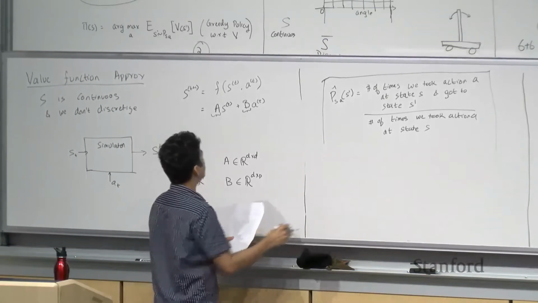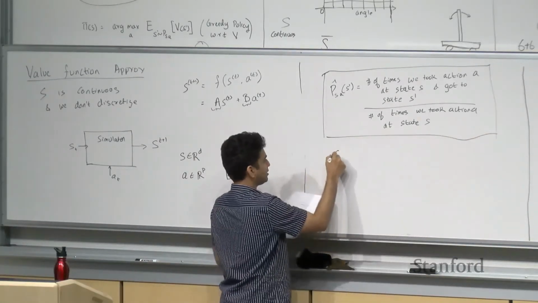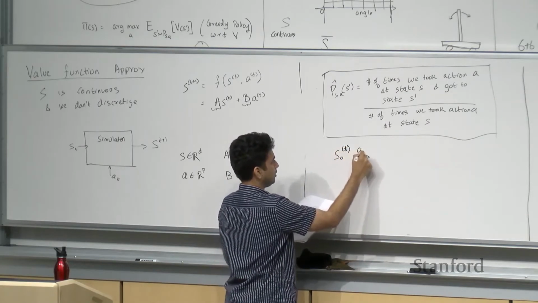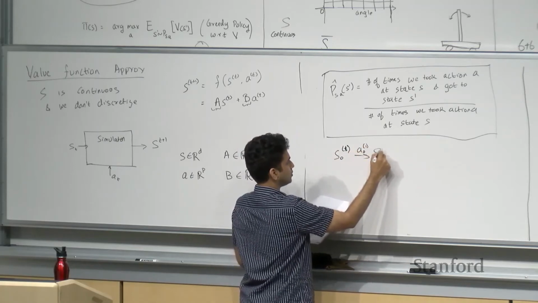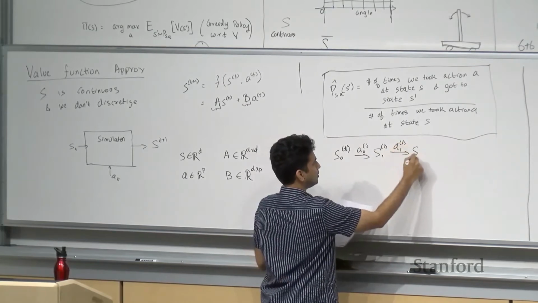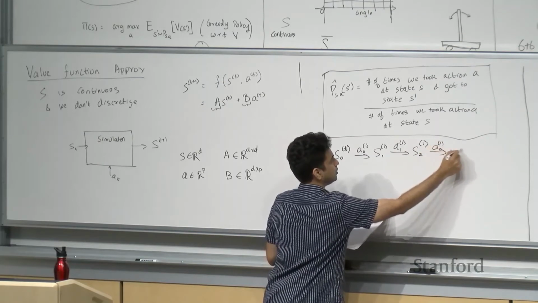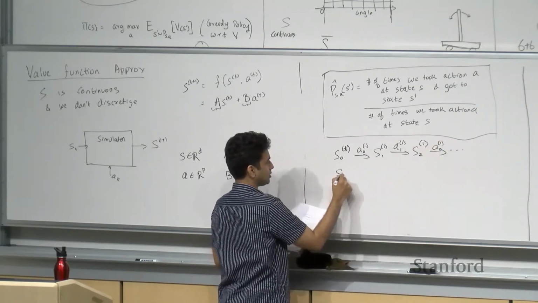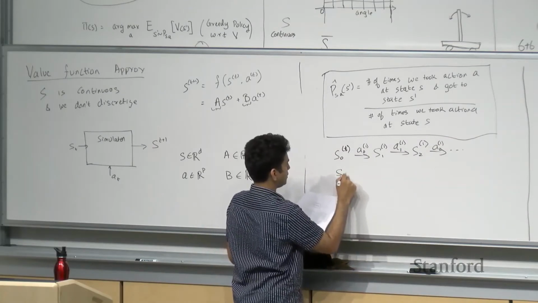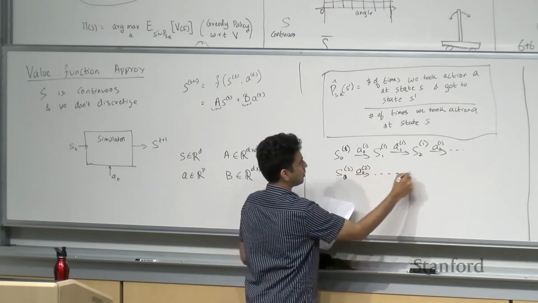Which is to follow some policy and get some experience against this simulator. S0, A0, S1, A1, S2, and so on, and another trial, S0, A0, and so on.